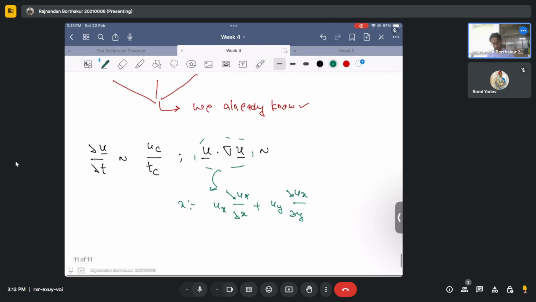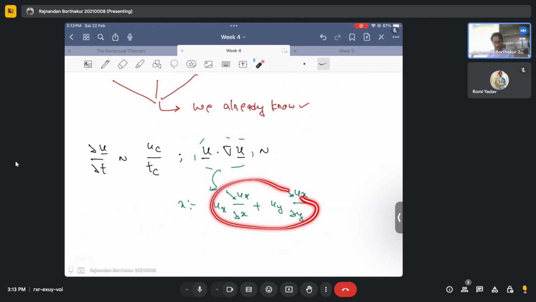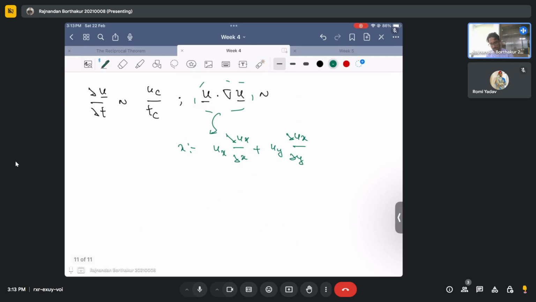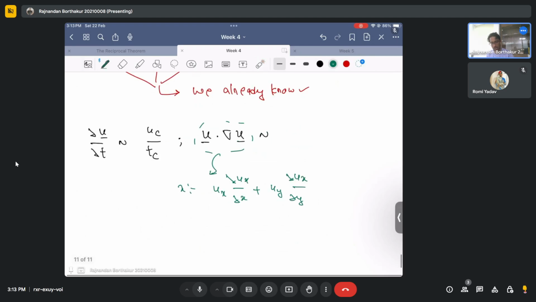This is how the expanded form would look. Now, drawing analogy from this, since my ux or ui scales as some Uc, I can say that u dot grad u will basically scale as Uc squared by Lc.